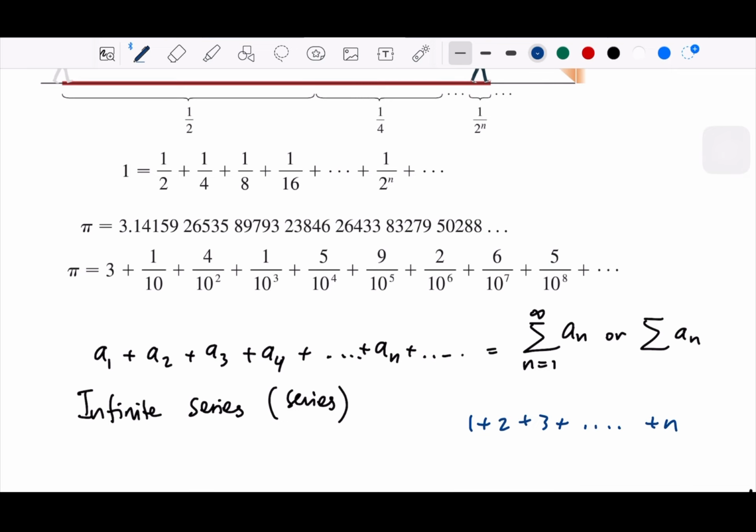But if we think of Zeno, like this one, or pi, they turn out to be a value, right? You can find pi as a summation of a sequence, or you could find the value 1 from this half, 1/4, and you sum all of the numbers, okay? So there would be some rules to make the series converge, okay?